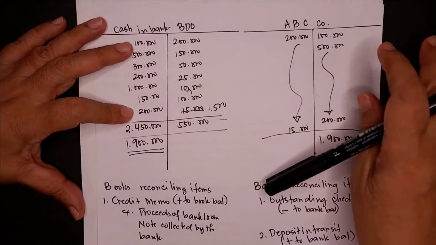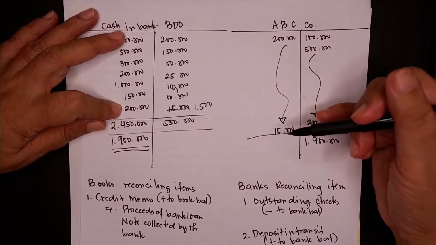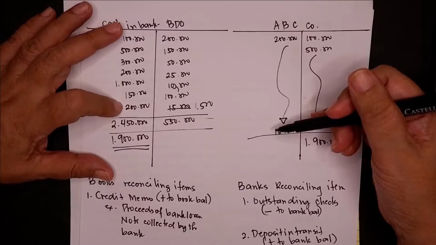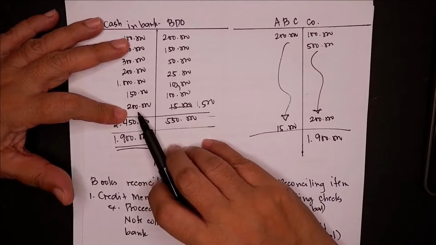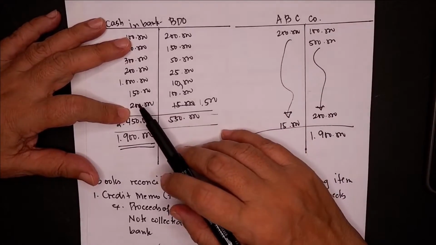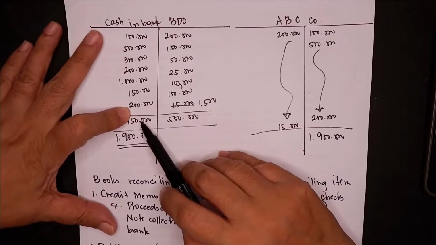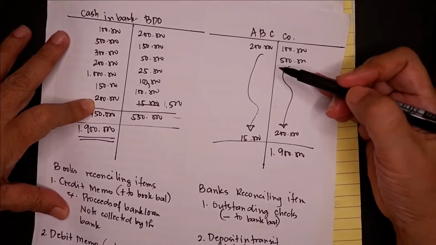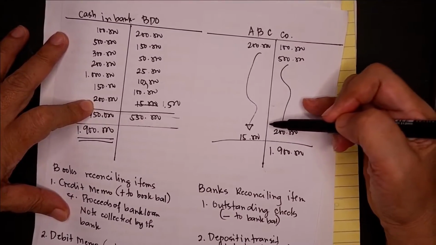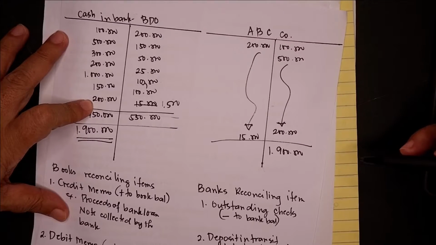So we deposited it to the bank, but we have a clearing time, say 2 o'clock in the afternoon, and we deposited it beyond the clearing time. So the bank will record it as a deposit the following day, which is September 1.